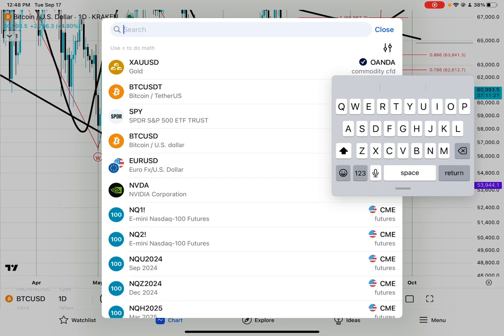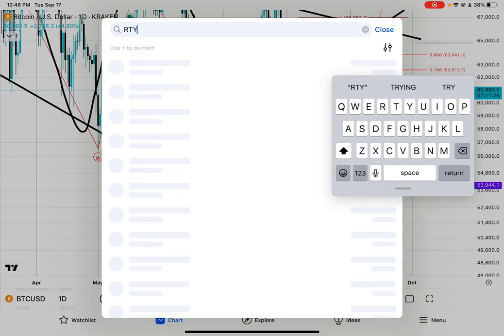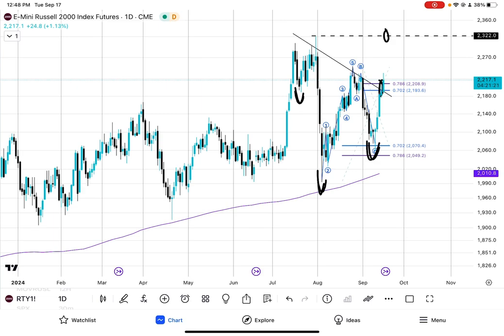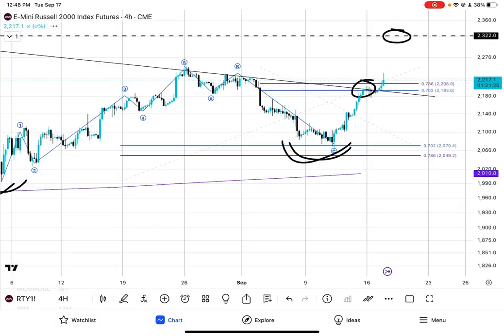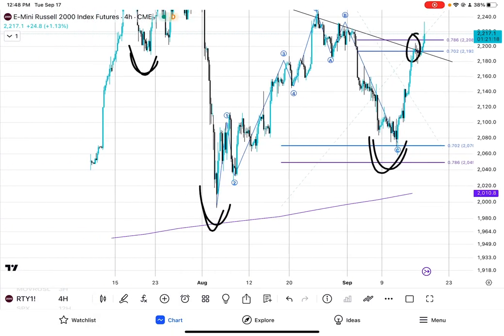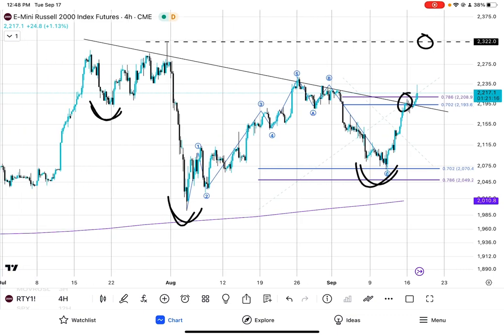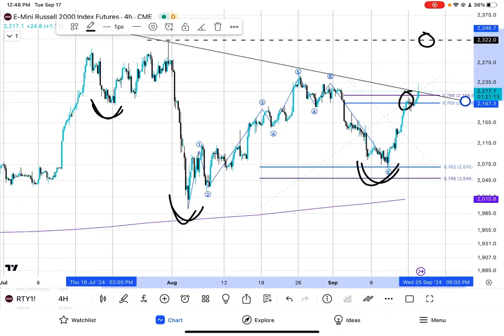Let's actually take a look at the Russell 2000 over here. And we see that it's breaking above intermediate resistance at the 78.6% fib and above the neckline of this inverted head and shoulders pattern.